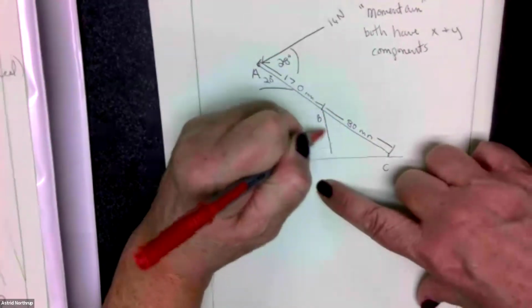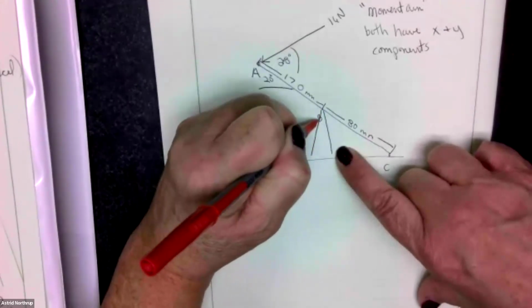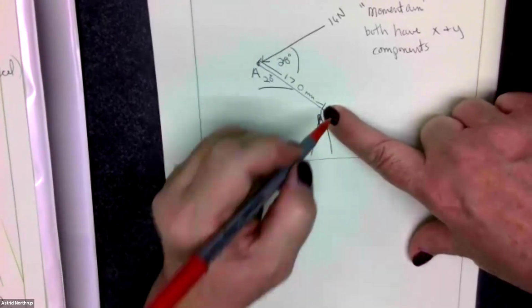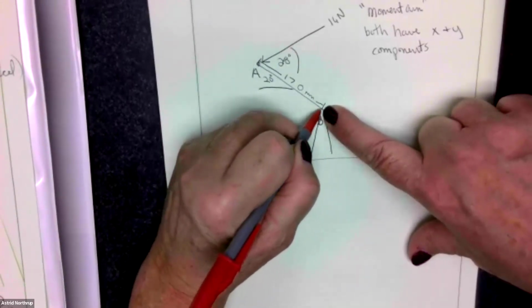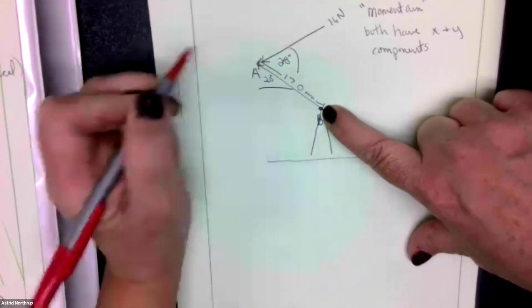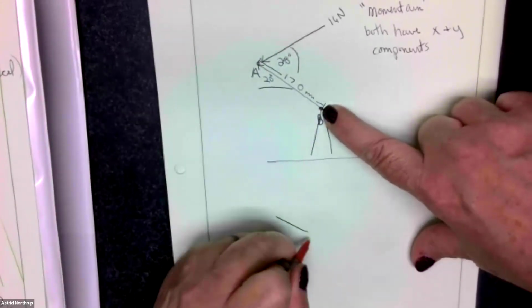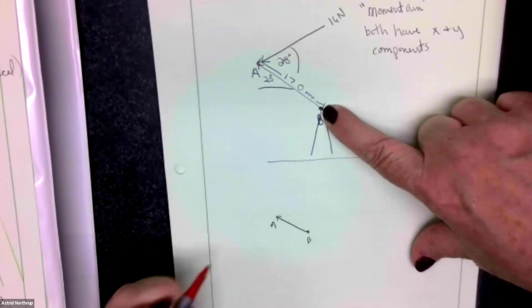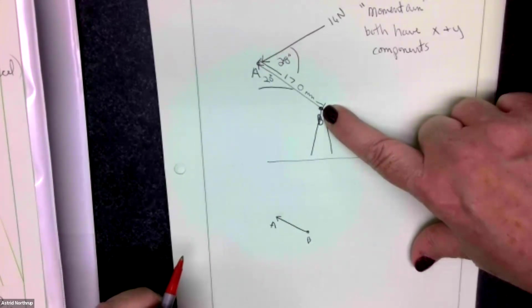So let's take a look at the pneumatic foot valve first. The pivot is here at B. That means that the moment is going to be about point B. It's going to start here at point B and extend up to point A for my moment arm. And so that vector looks like this.